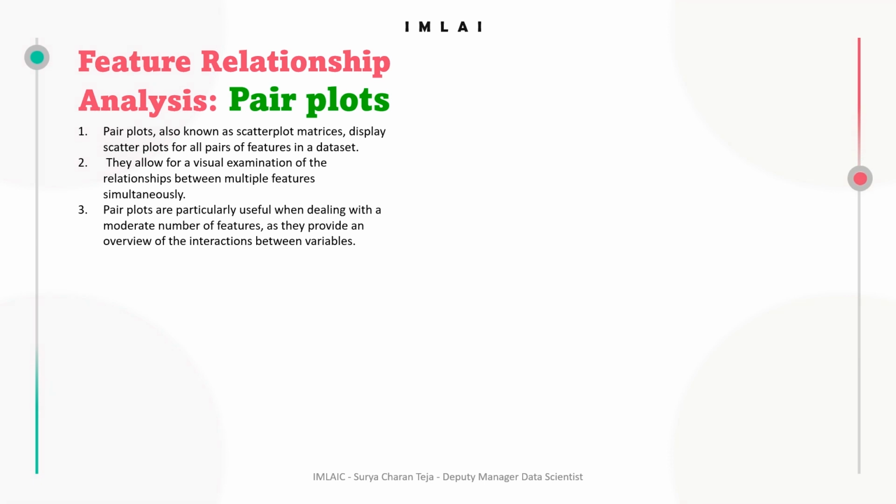Of course, as the number of variables increases, it's pretty difficult to understand and interpret the huge number of scatter plots on one screen. In that case, you can split your features into groups of five, and you can plot scatter plot matrices, or pair plots.